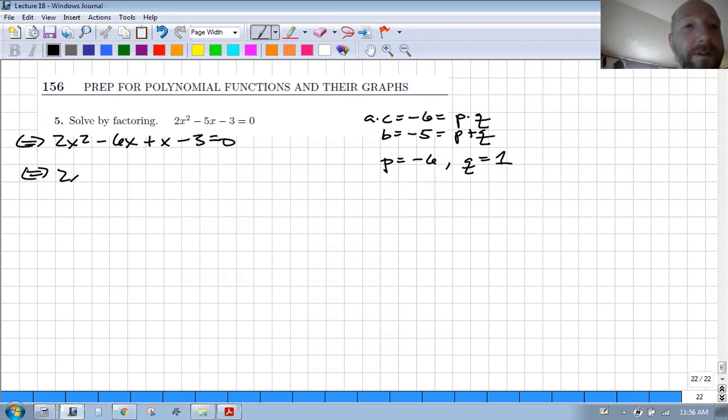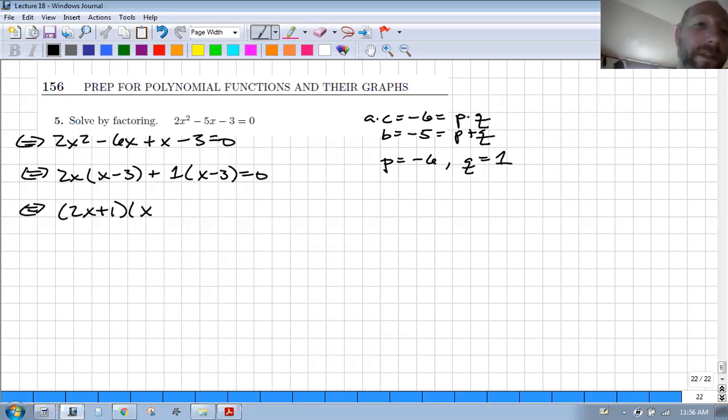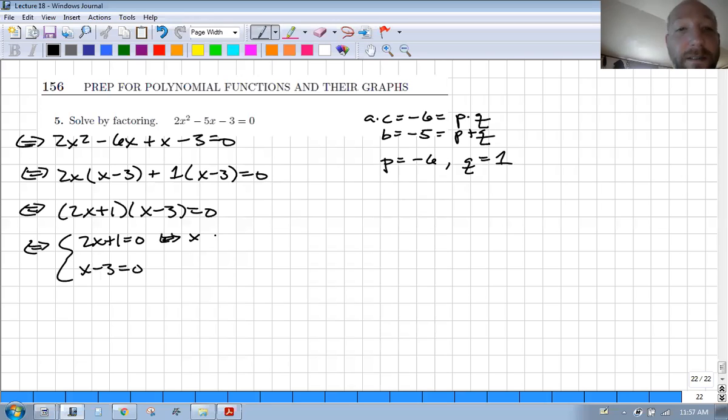Factor out a 2x, that gives us x minus 3, and we have a 1 times an x minus 3. So we have 2x plus 1 times x minus 3. Setting them equal to 0, x is -1/2 or x is 3.